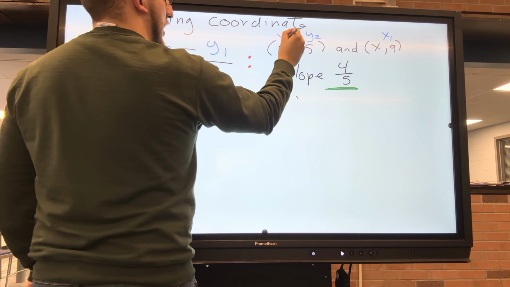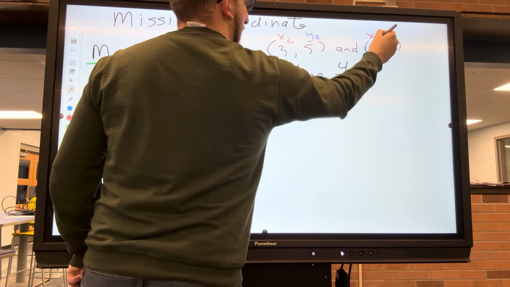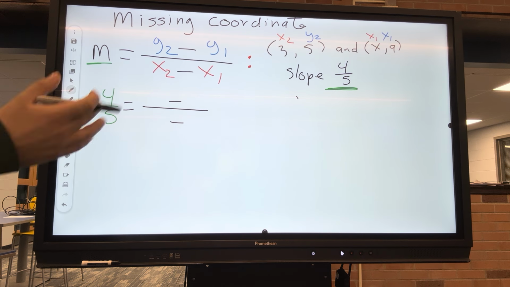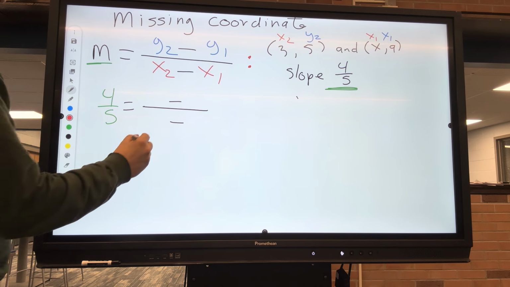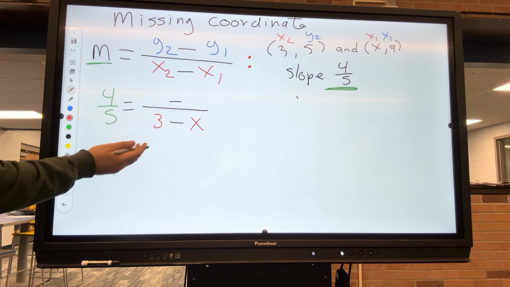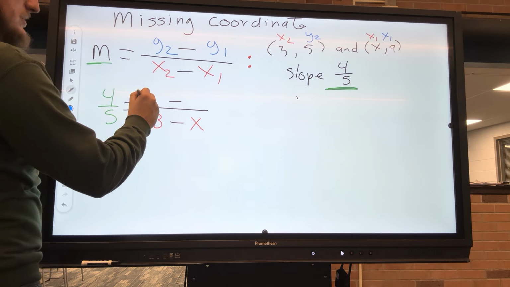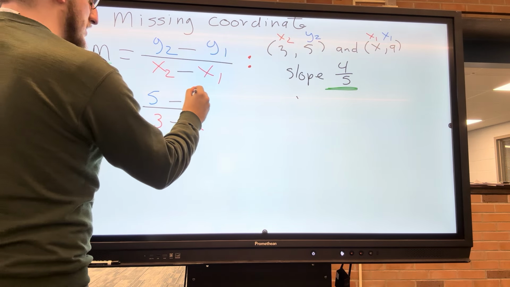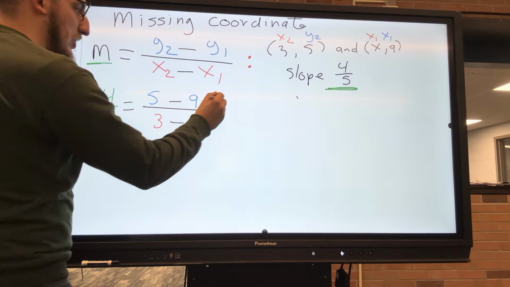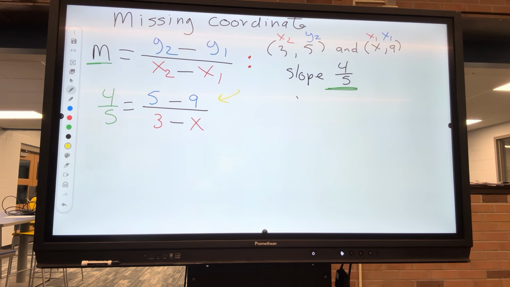Let's call this x2, x1, just to be that type of guy. Okay? Now let's just start plugging stuff in. My x2 is 3, my x1 is x, obviously. My y2 is 5, my y1 is 9. Cool? And now we can take this equation right here and we can simplify and solve.